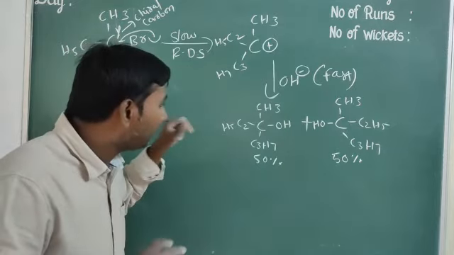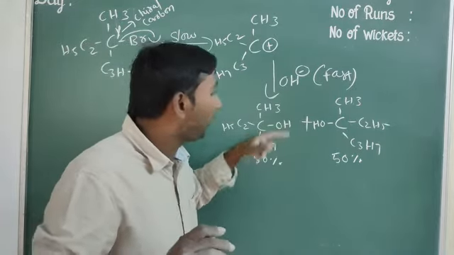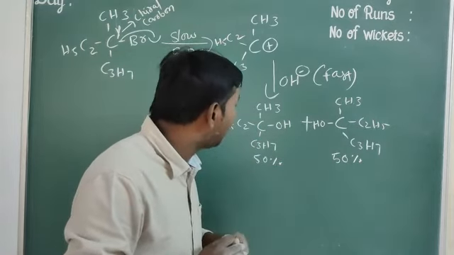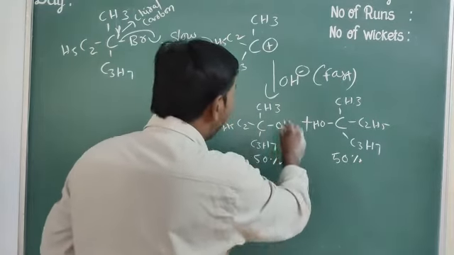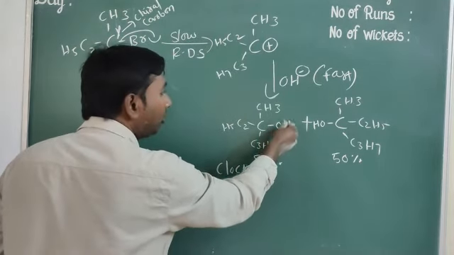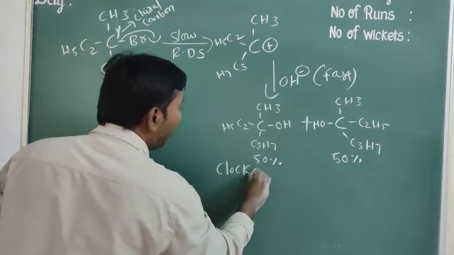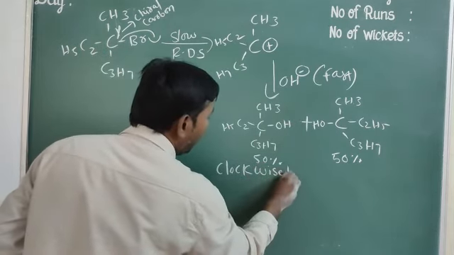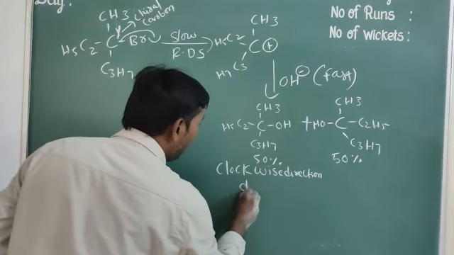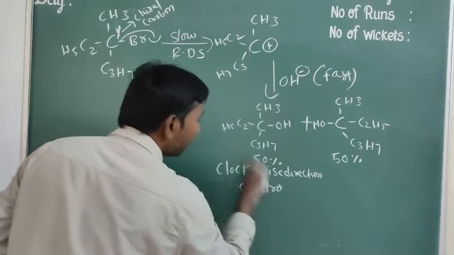In this case, if the OH group or nucleophile attacks from the right direction, this is clockwise direction. OH group attack on the right side means clockwise direction. This is called dextro.